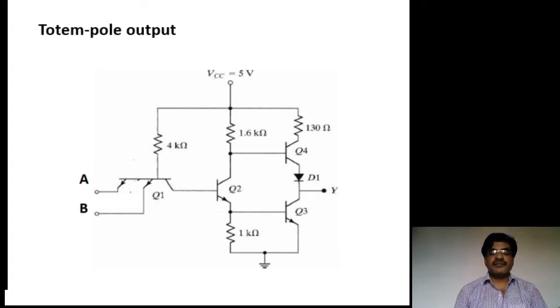So welcome back. In the previous lecture we have seen the TTL logic family under bipolar. It has three configurations: open collector configuration, totem pole configuration, and tri-state configuration. Open collector configuration we already discussed in the previous lecture.